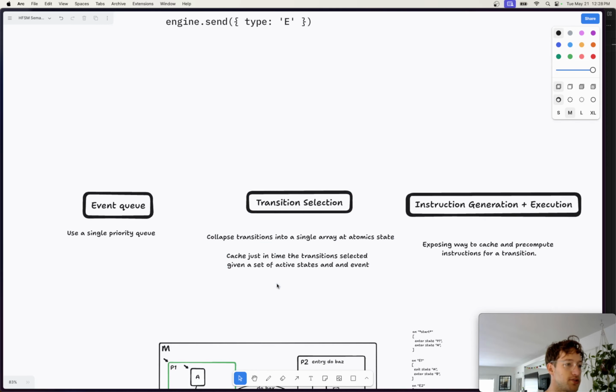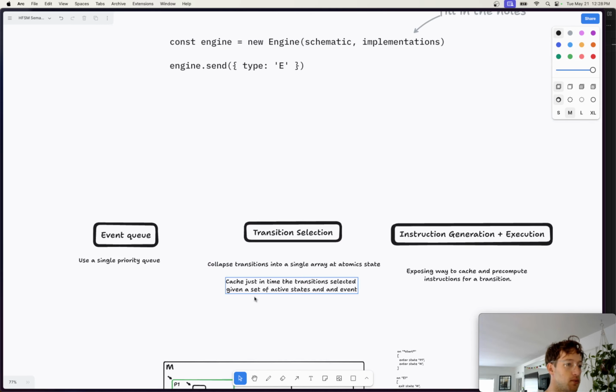So that brings us to what I would say are the three most important parts of an engine that exist in most engines in various ways. There's the event queue. This is part of the object-oriented state chart lineage, where we queue up events that are happening and we process them one at a time.